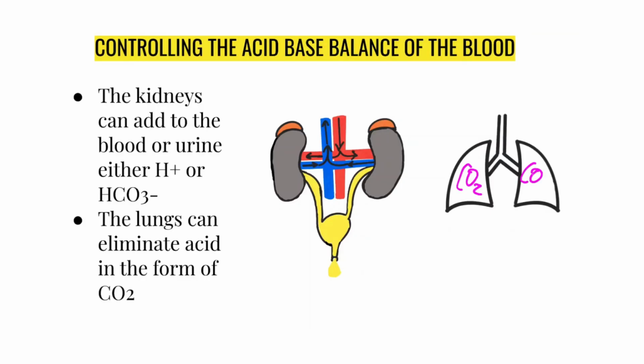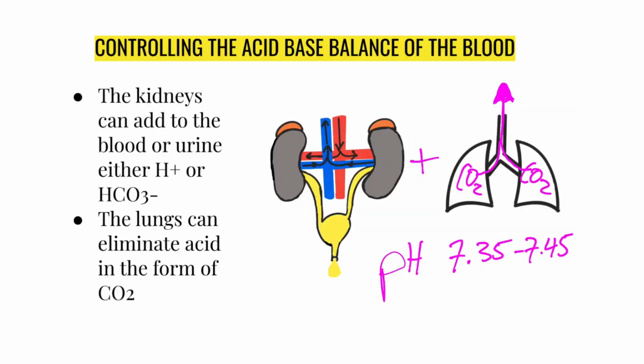Carbon dioxide also effectively works as an acid, and the lungs are important for making sure we get rid of the proper amount of this to also keep our pH together. So the kidneys and the lungs work together to keep our pH in the proper range, which happens to be between 7.35 and 7.45 for our blood.